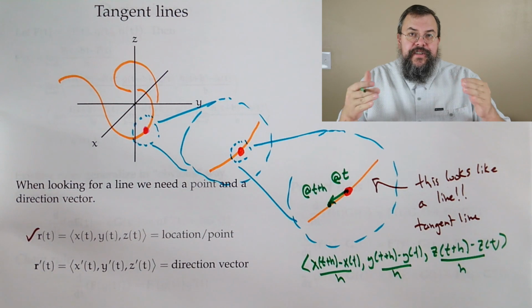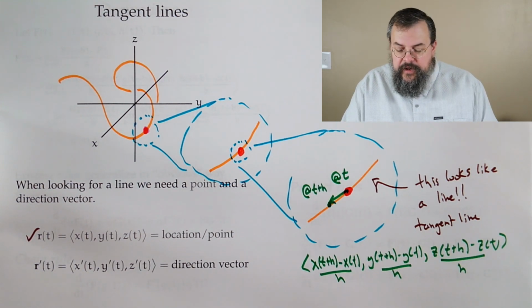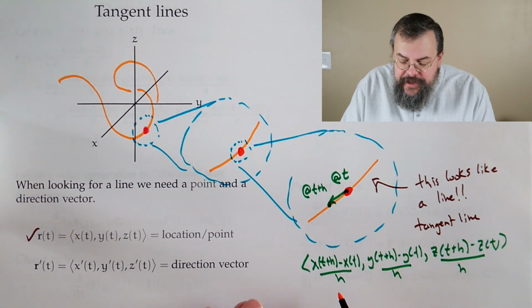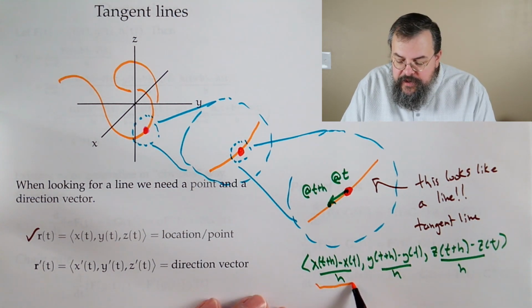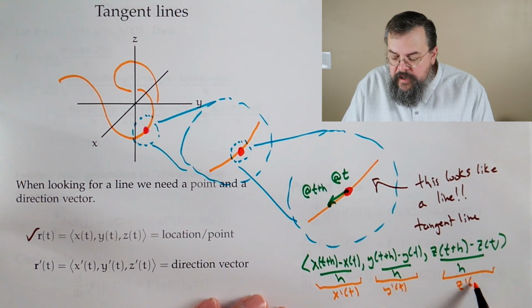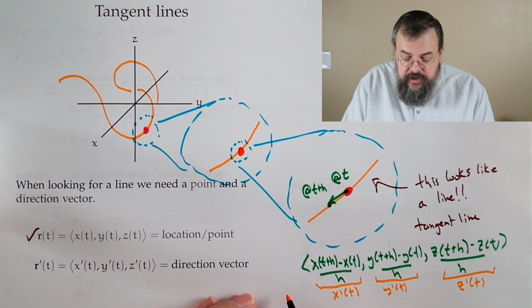Dividing by h scales it so that it doesn't go to zero necessarily. And now, whoa, hey, look, what's happening? In each entry, it becomes a derivative as h goes to zero. So this is x prime of t, y prime of t, and z prime of t as h goes to zero.